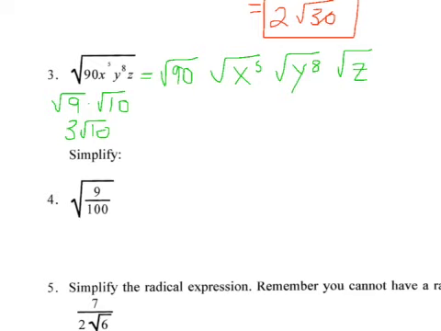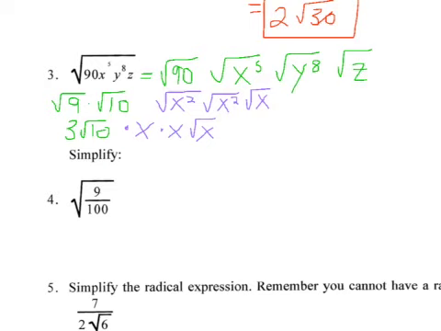Now let's work with x to the 5th. Remember, for variables and exponents, we want to try to break it up in terms of x squared. So x to the 5th is the same as x squared times the square root of x. The reason that we break it up in x squareds is because we can take the square root of x squared. So we get x times the square root of x.